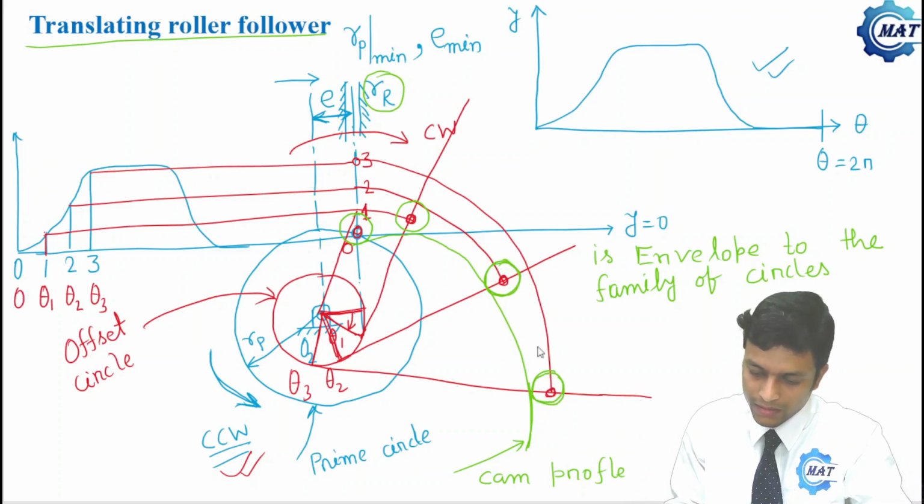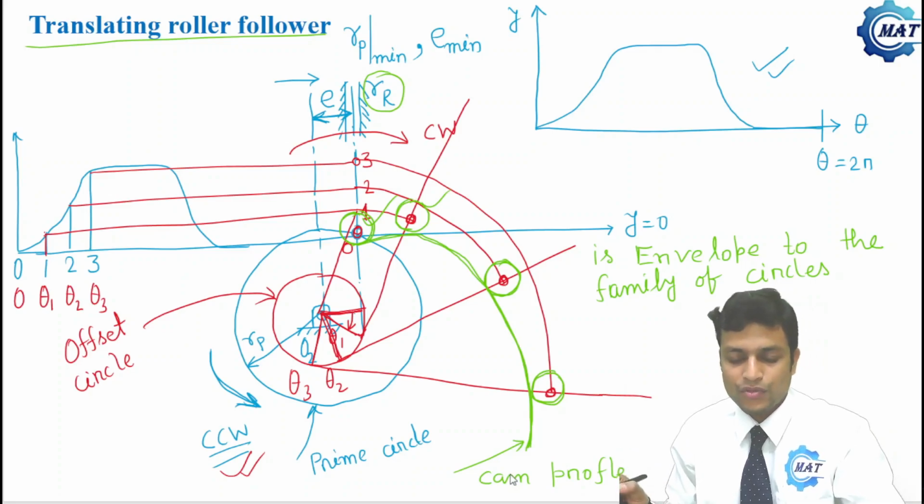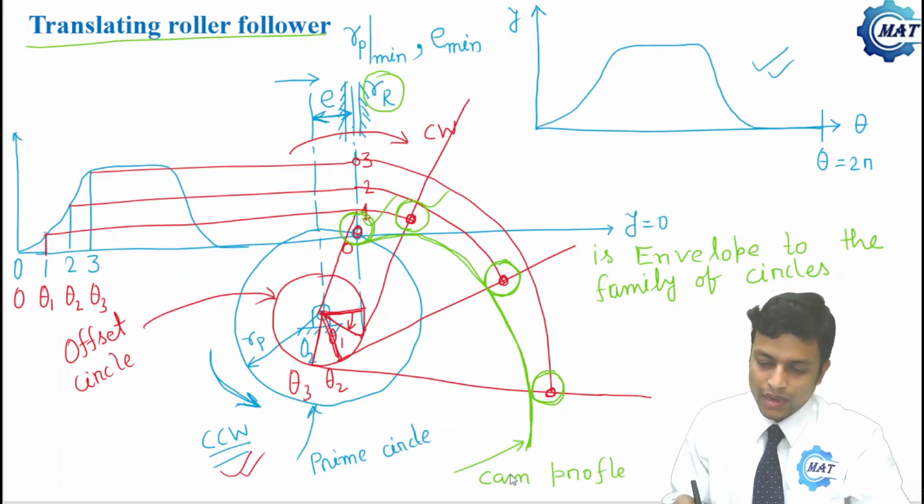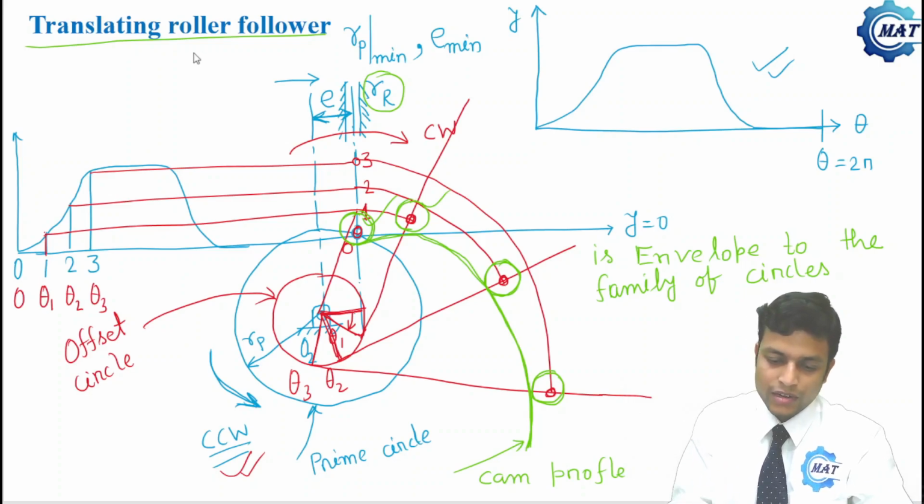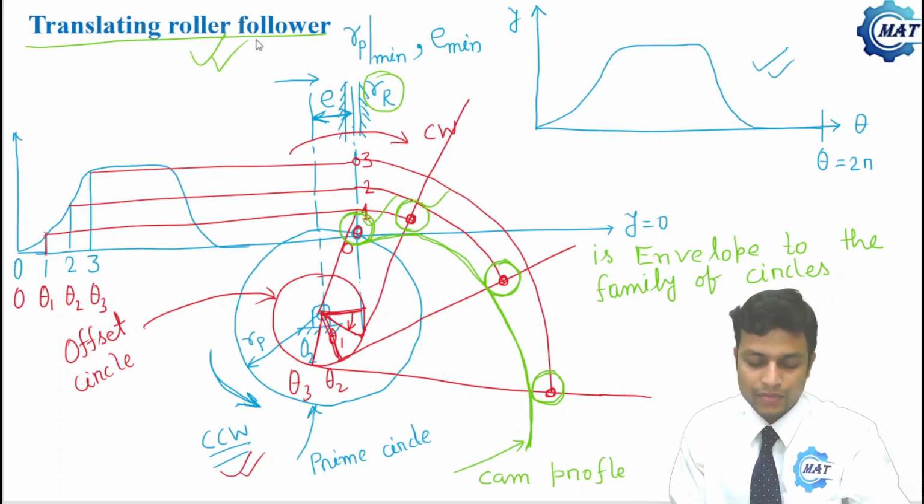These are the 4 circles drawn in green color, and this green line shows the envelope to this family of circles, and that is nothing but the cam profile. So we have designed the cam profile for a translating roller follower by the graphical method.